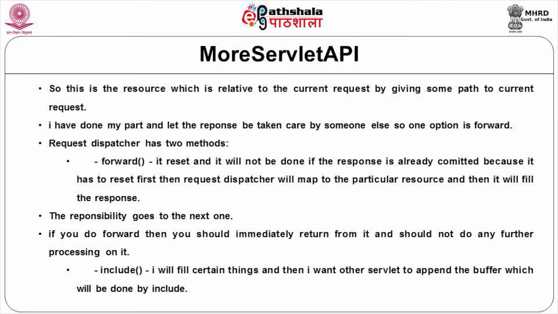The forward would not be successful in case the response is already committed, because it has to reset it first and then it goes to the next. The request dispatcher maps to a particular resource, then it will use that resource to fill the response. The responsibility goes to the next one. So whatever matches the request dispatcher is going to be responsible for filling the response. So forward.